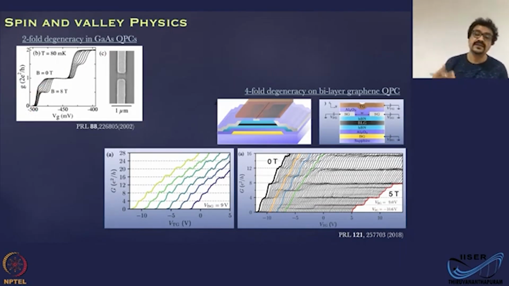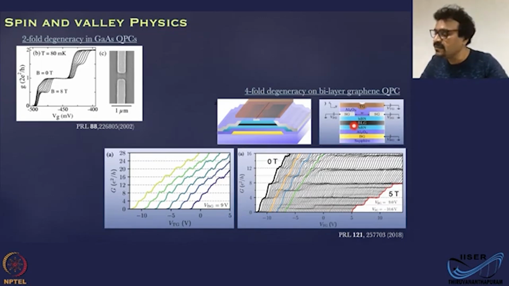And any other degeneracy is going to provide additional channels, such as valley. This is from a bilayer graphene quantum point contact, where you have a thin sheet, 2 layers of carbon atoms, BLG, bilayer graphene, which is sandwiched between two insulating two-dimensional systems, that is hBN, hexagonal boron nitride.